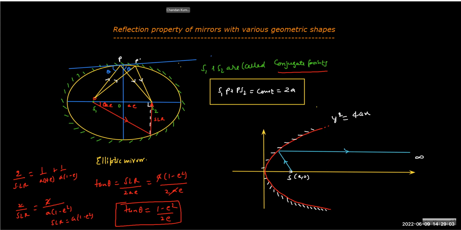Similarly, a light ray which leaves S will go like this. That is why parabolic reflectors are used as a headlight, because we cannot use a spherical mirror for the headlight. The spherical mirror cannot create a parallel beam. So again, you're thinking that spherical mirrors form a parallel beam? No, they cannot form a parallel beam.